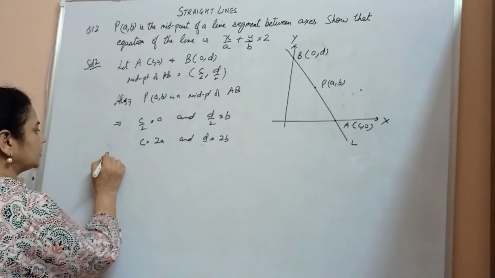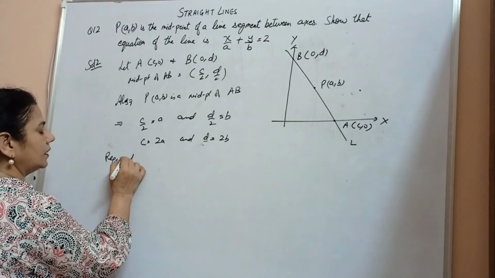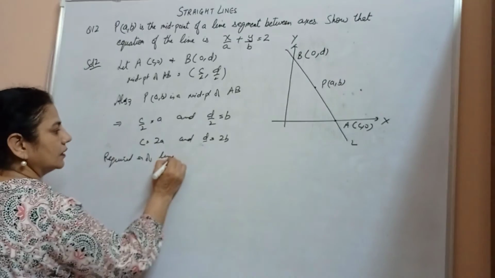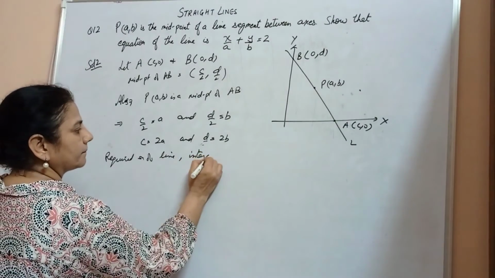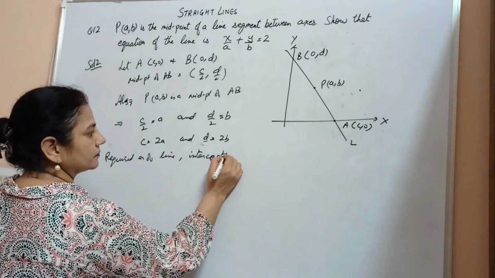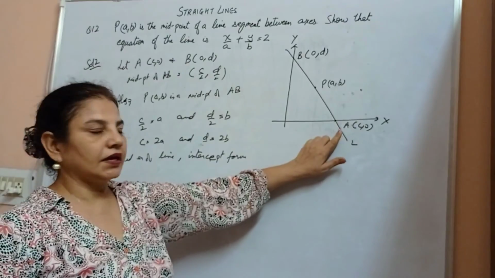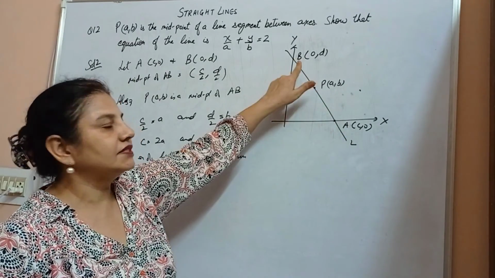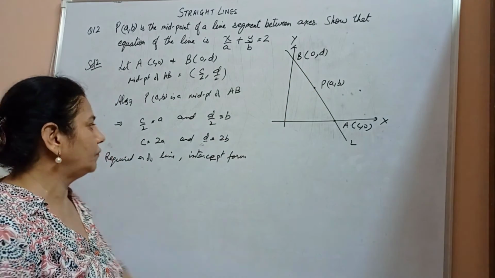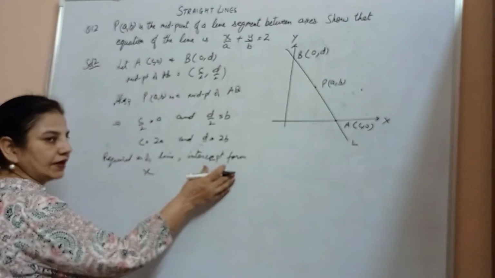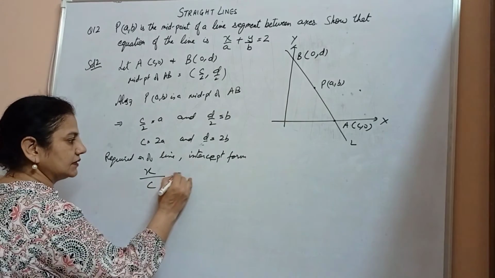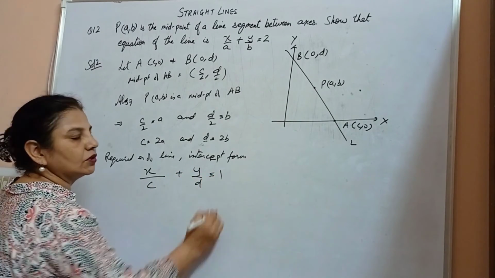So the required equation of the line in intercept form, as the points are c comma 0 and 0 comma d, is given as x by c plus y by d is equal to 1.